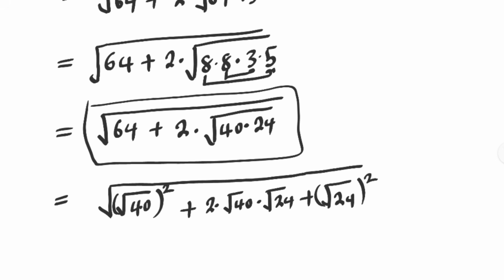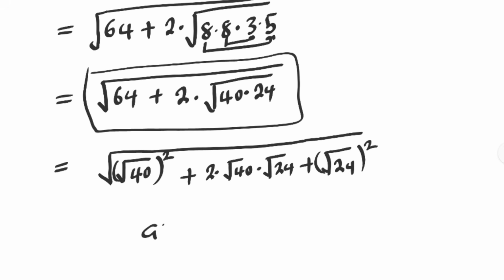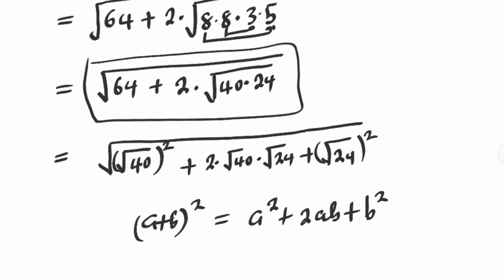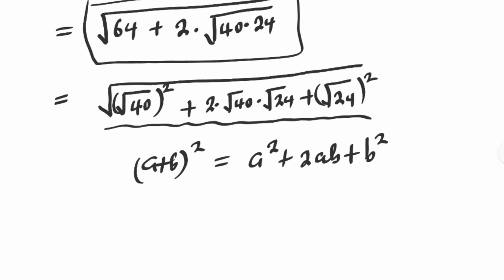That is, if you have a plus b square, this is equal to a square plus 2ab plus b square. Then from here, a is equal to square root of 40, b is equal to square root of 24, and this is in the form of this.